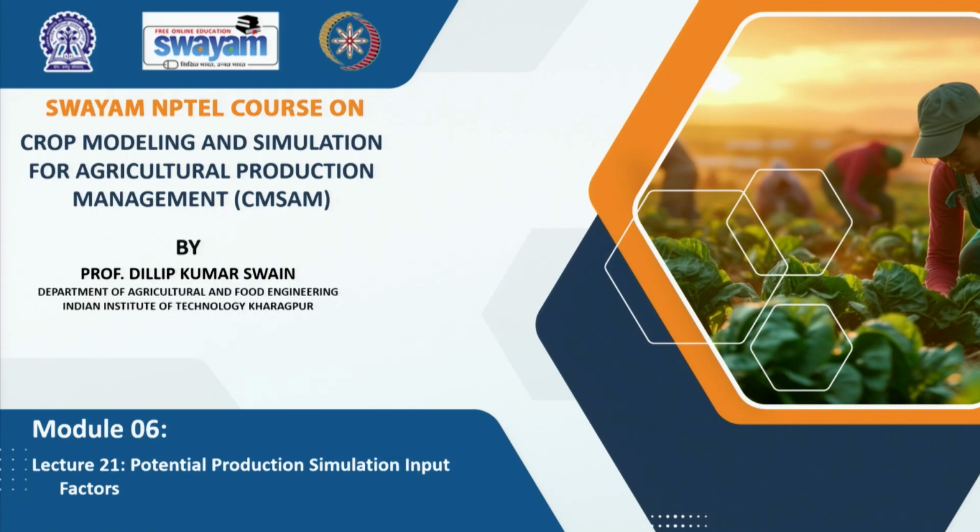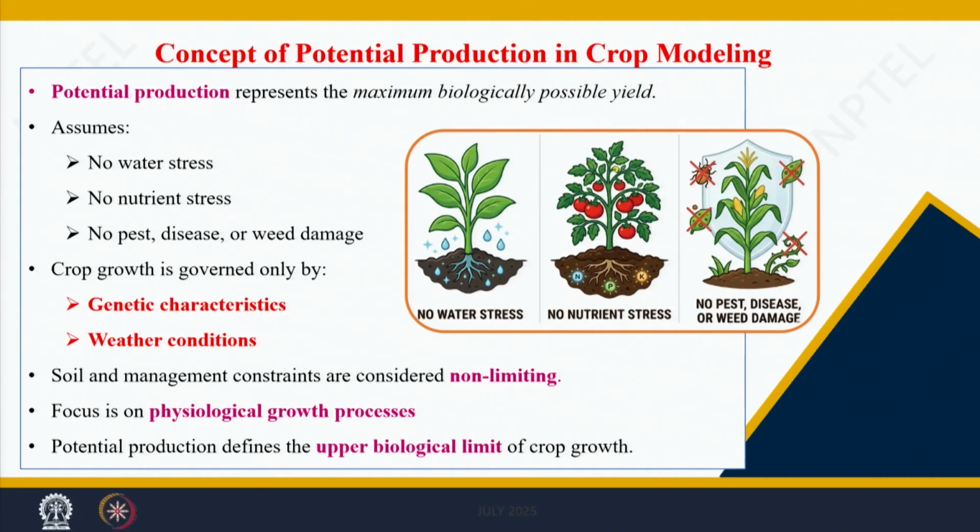Also recall that in earlier lectures we discussed the effect of weather parameters on crop growth and yield, and how the biomass and yield can be predicted using solar radiation and temperature. We will be reviewing that in these lectures. So, these are the concepts of potential production modeling.